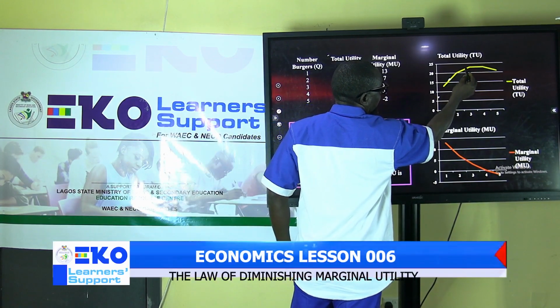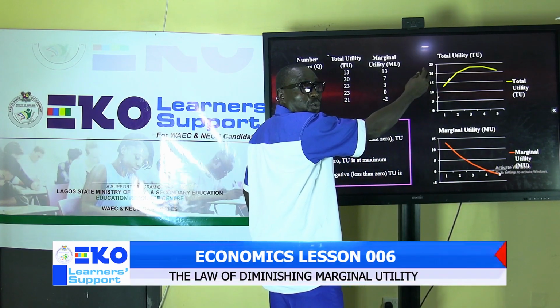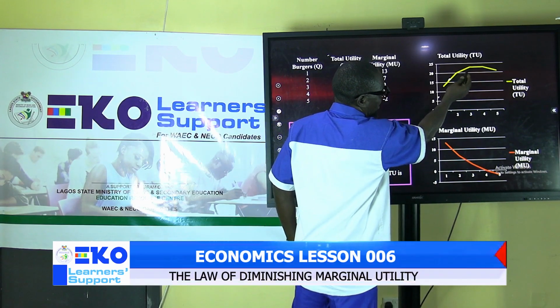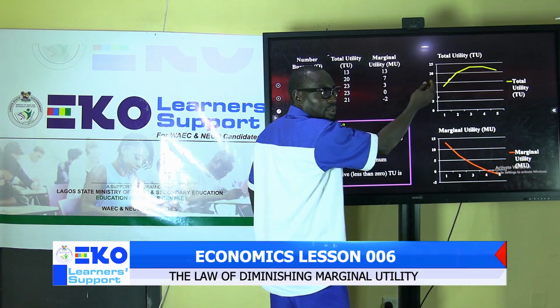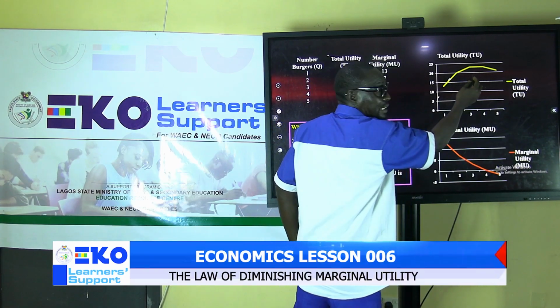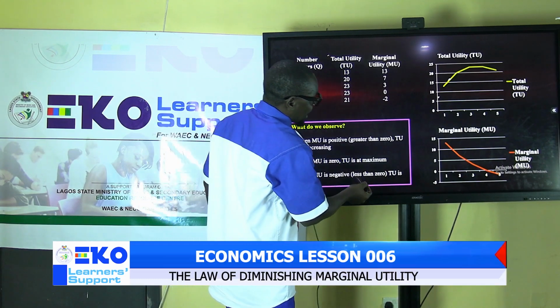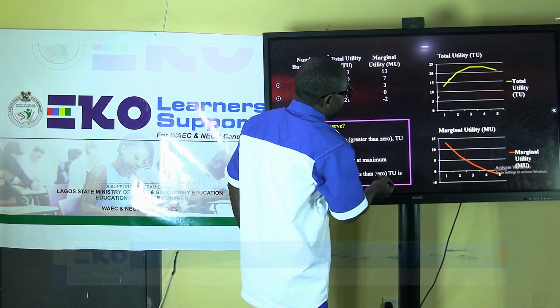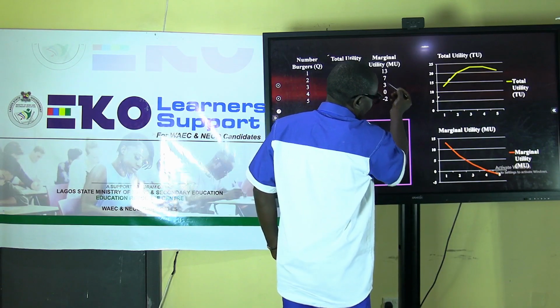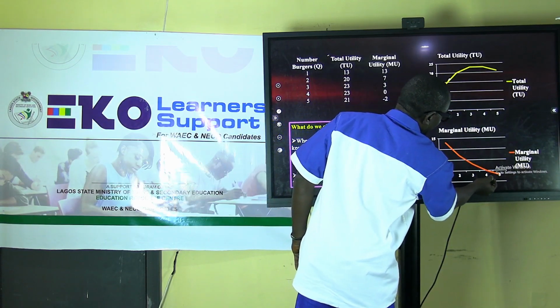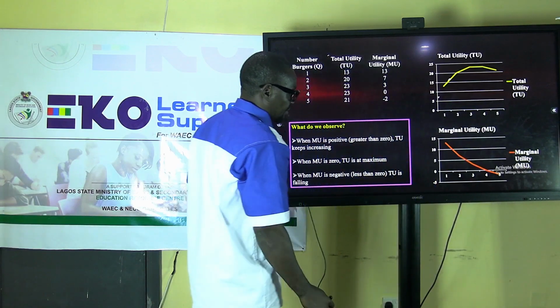Here, the steepness of the slope reduces. It becomes a bit more flat or a little more gentle, and then here it's almost flat, and then it begins to fall. And then the marginal utility itself begins to fall and consistently falls until it becomes negative.